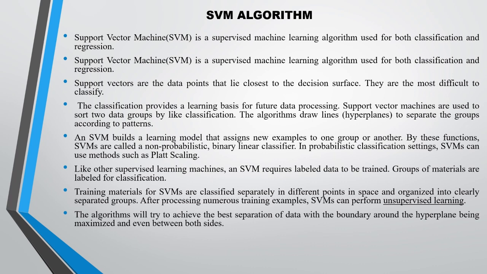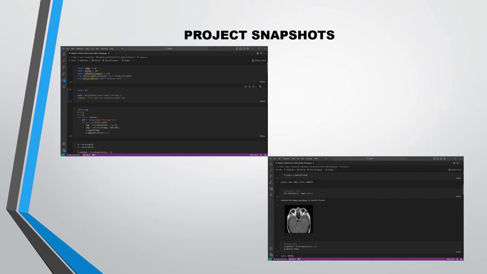Like other SVM models, it uses labeled data to train and classify groups. The algorithm tries to achieve the best separation of the data, with the boundary around the hyperplane being maximized between both sides. It also draws a line to separate groups according to the patterns they have.